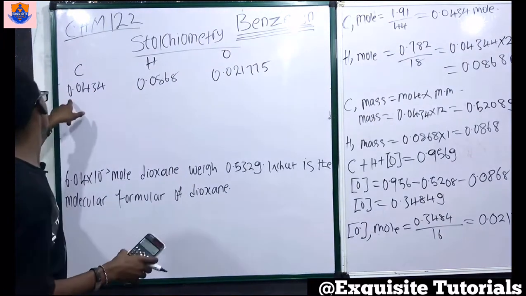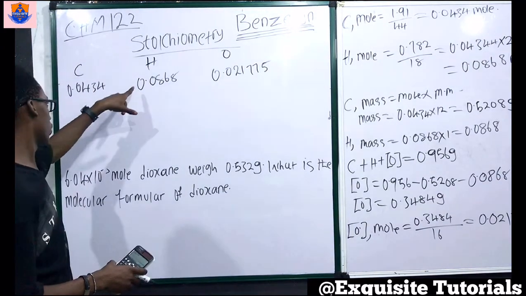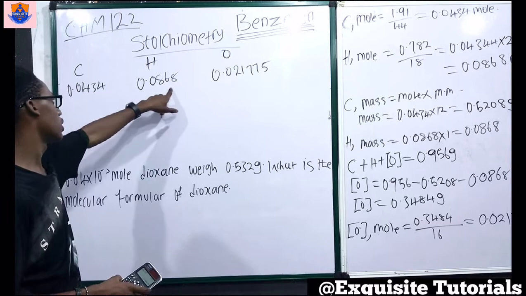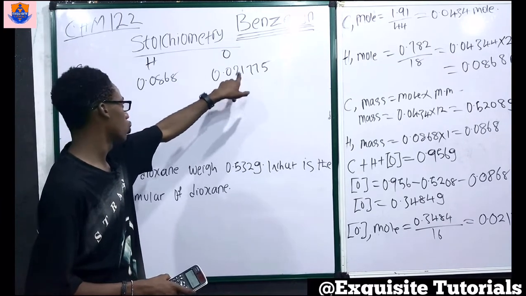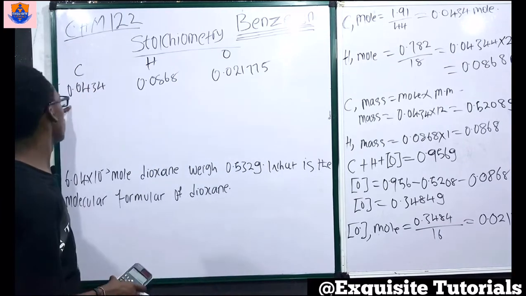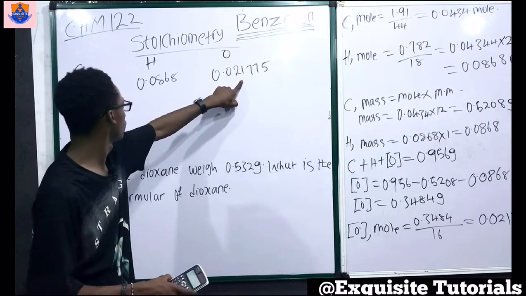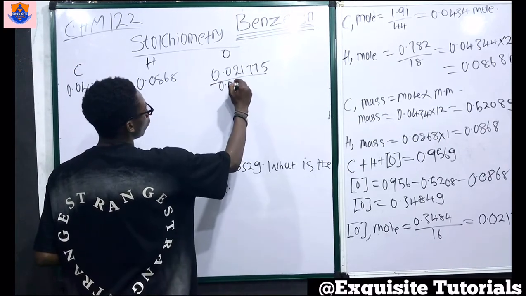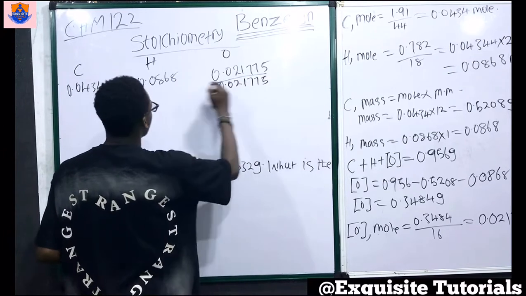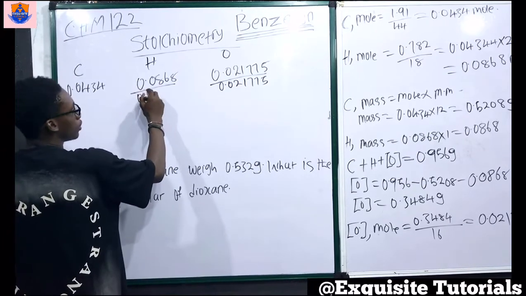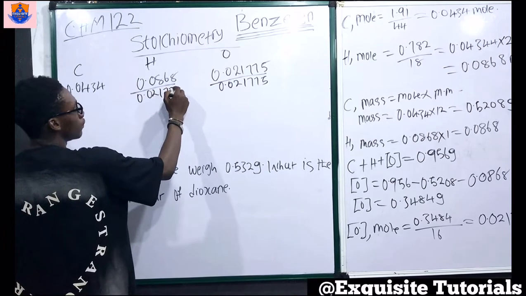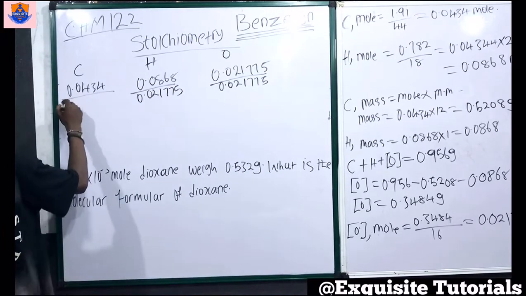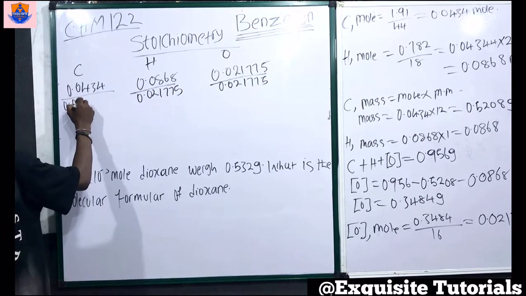All right, so we have 0.0434, 0.0868, then 0.021775. So the least value here should be this one. So we are dividing by the least value here, 0.021775, and the same goes for the others.